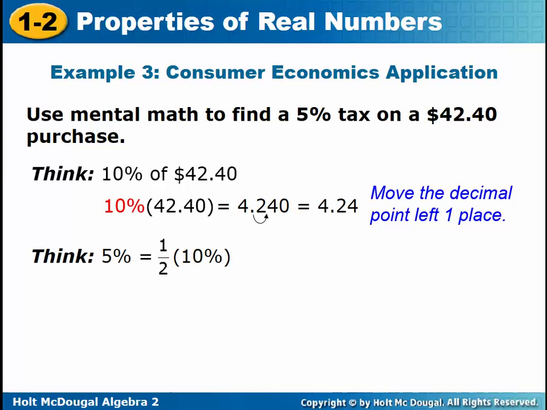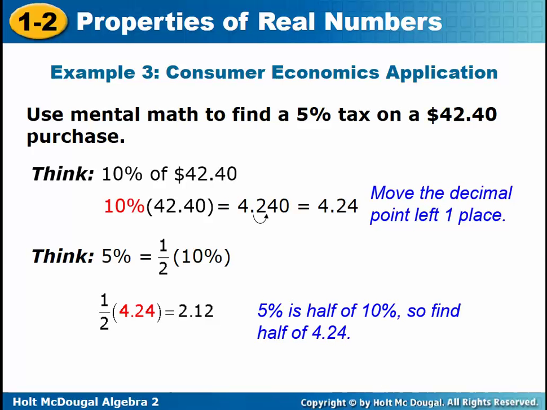And then half of that would be 5%. So if we just take half of 4.24, we would get $2.12. So we use mental math and our properties of math. You might not have even thought about which properties you were using, but you were using them in order to solve this problem.